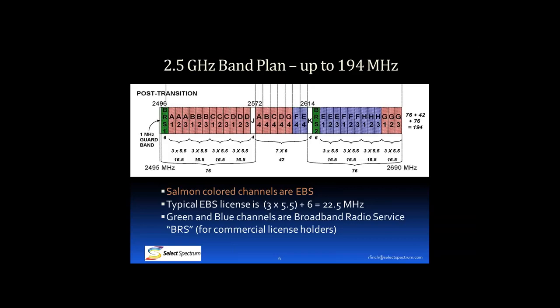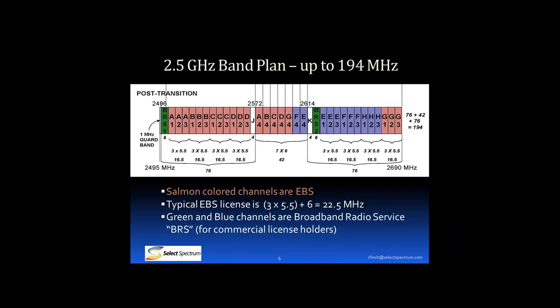The typical license, for example, if we look at the A group here, you'll see on the left-hand side, A1, A2, A3. Each of those channels is 5.5 megahertz wide, so a total of 16.5 megahertz of contiguous spectrum. And then the A4 would also typically be part of that same license.